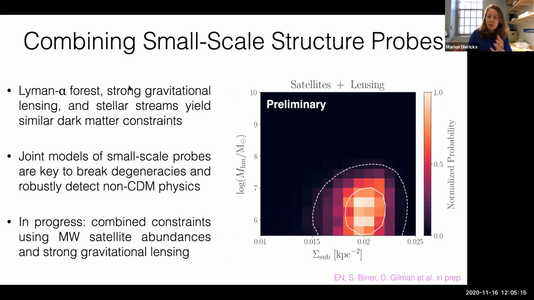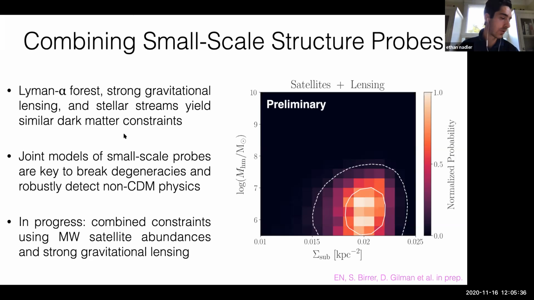A big picture question that came to my mind was, do you expect that to stay that way in this race forward? Do you expect that this Milky Way satellite methodology will become even more competitive, perhaps the leading probe? Are we on track to achieve that, or what would be needed to do that?